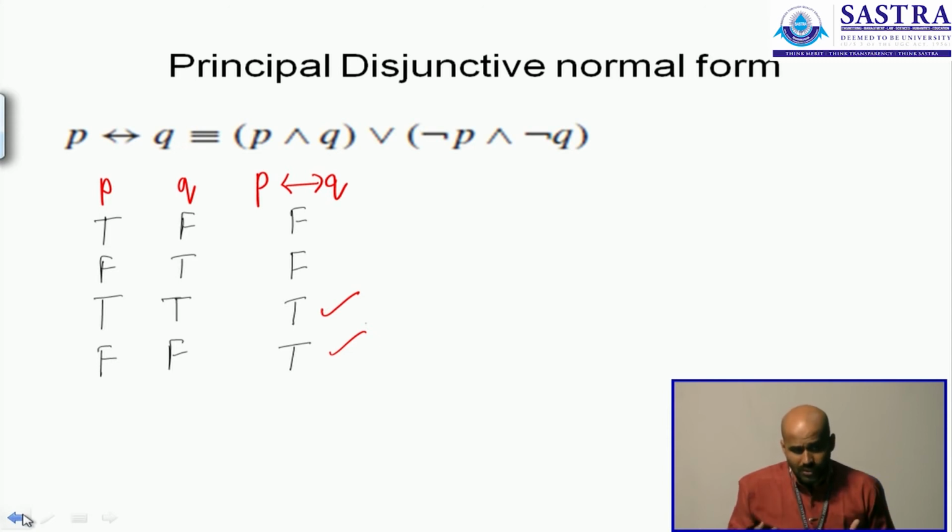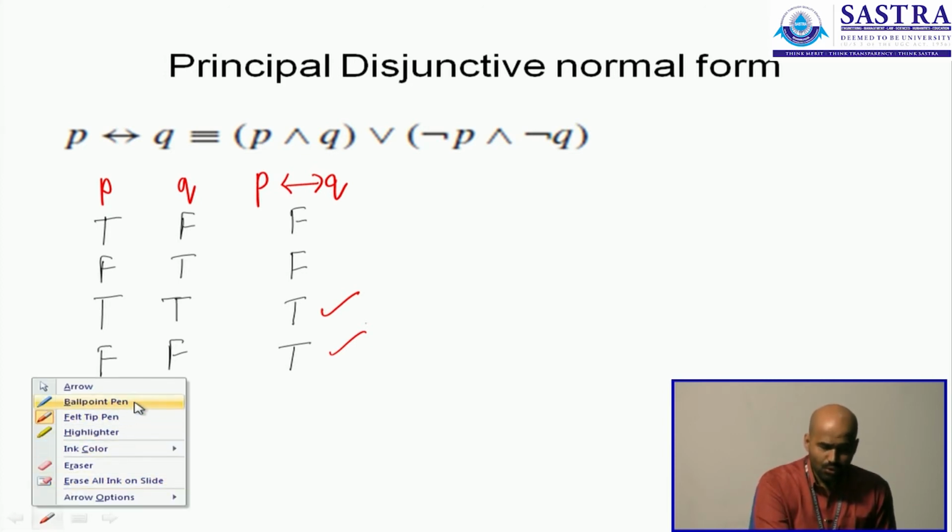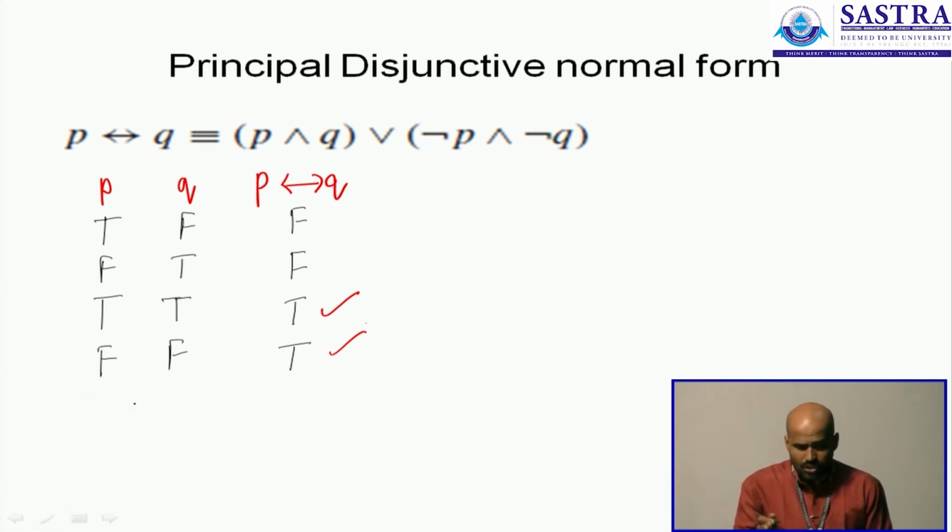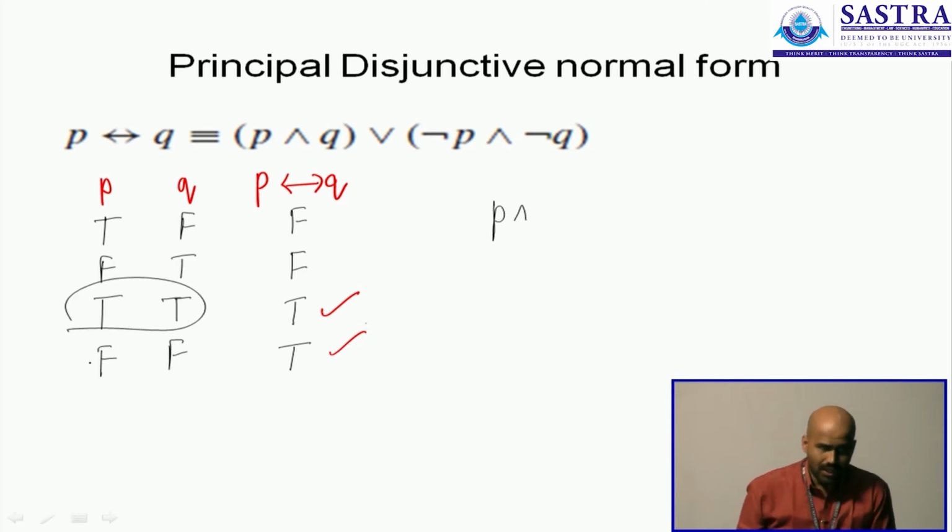We know that rows 3 and 4 gave us a true value. Now express those 2 rows as a product. What's a product? I told you that the product is akin to the conjunction. So when you want to express the third row as a product, you do it as a conjunction between whatever gave you the answer. The answer came from true and true, which means P and Q can be taken as they are.